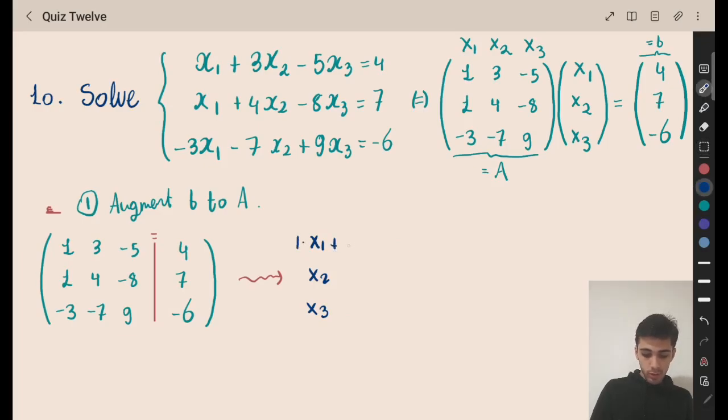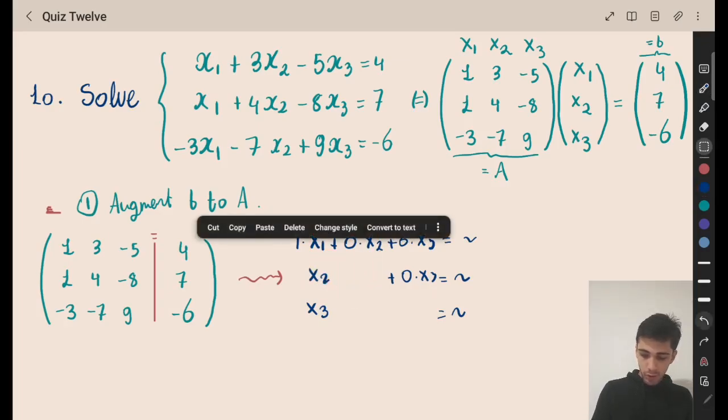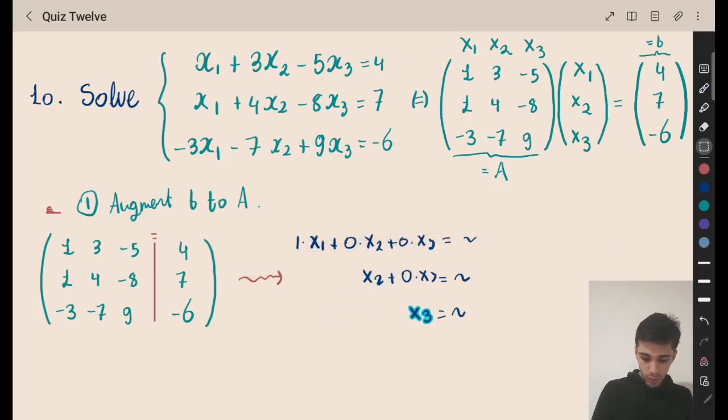You have 1x1, 0x2, and 0x3 equal to something. I think you see how this works now. So this needs to be 0, this needs to be 1. My apologies. And all the other variables in the same row should be 0.